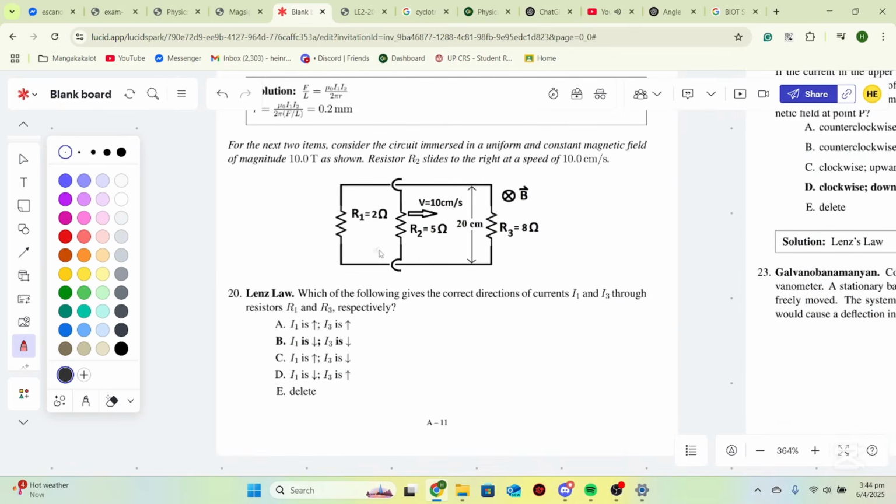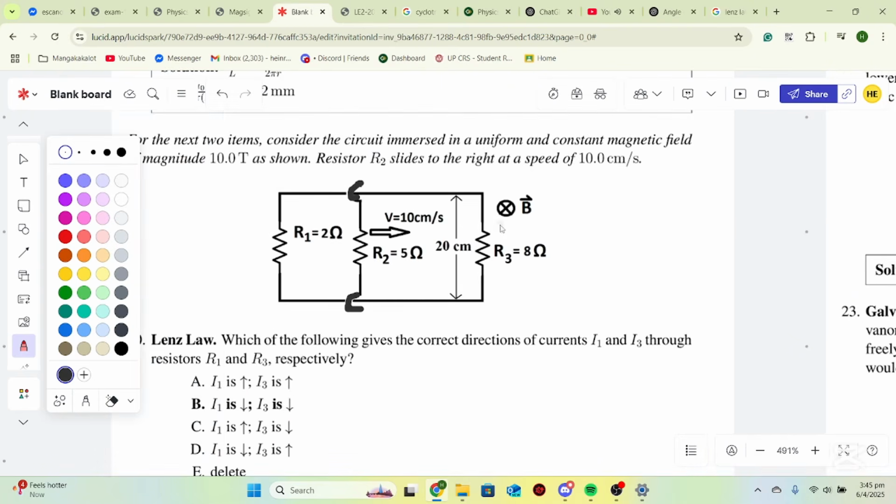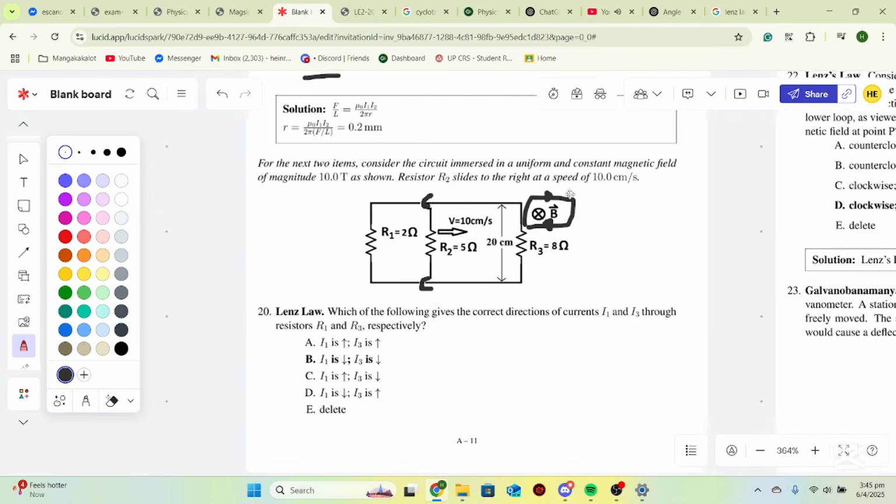Okay, for number 20, which of the following gives the correct directions of the currents I1, I3 through R1, R3? So we can see here there's a magnetic field into the page, so that means it's clockwise.